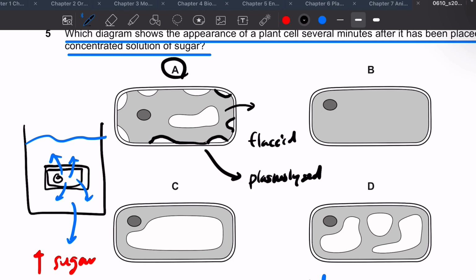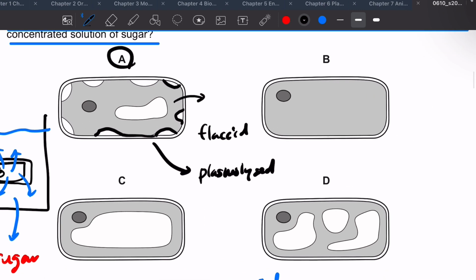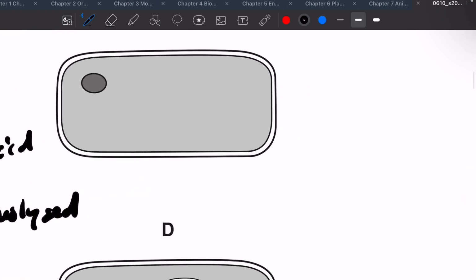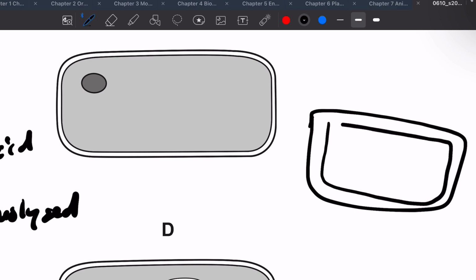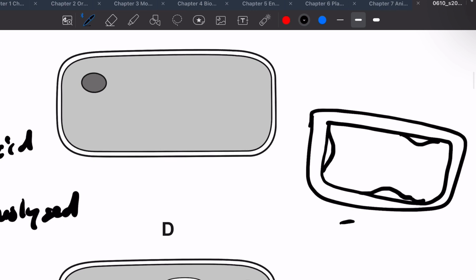If it's flaccid, then the plant cell will become like this. Maybe it has lost a little bit of water and the membrane got a little shrunk like this. So this is flaccid.